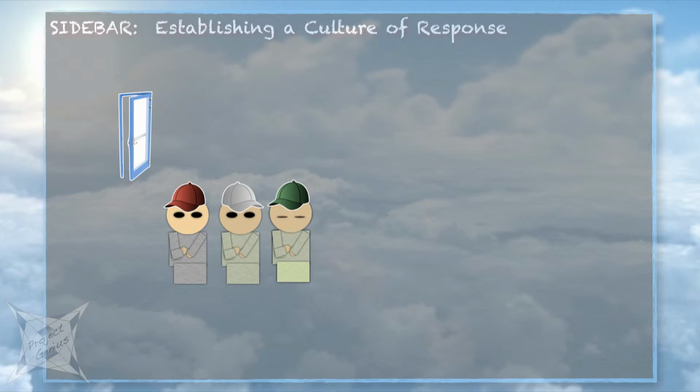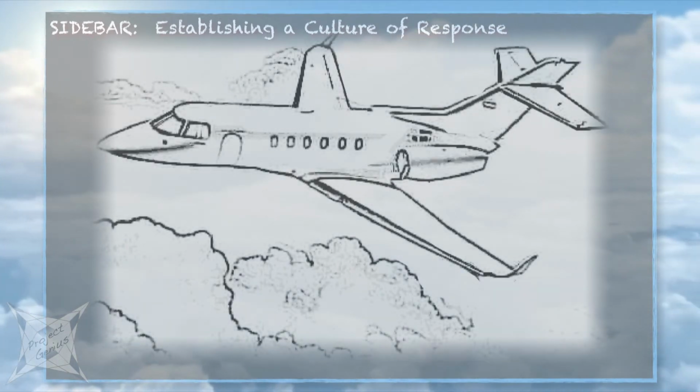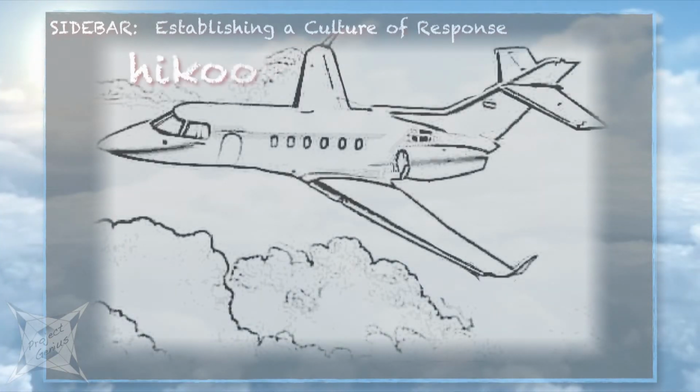So let's say for the first 10 minutes of your lesson, you are able to get no response whatsoever from anybody. And finally, you hold up a picture of a Hawker 900X. And one kid says, "Hikoki." You express glee, and then follow up by getting the student to say it in English.